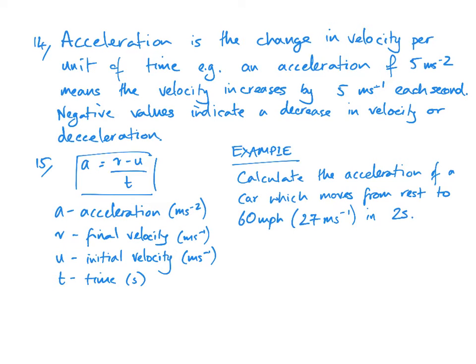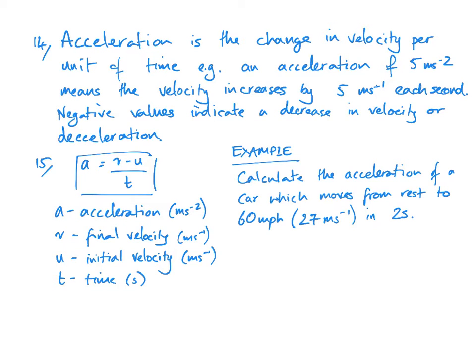Now, standard problem solving technique. What information am I given in the question? Now, looking back over the question, you can see we've got this 27 meters per second. We're going to ignore the 60 miles per hour. That's not a standard unit, but because we're given it in meters per second. But what am I going to list that as? Is that the final speed?